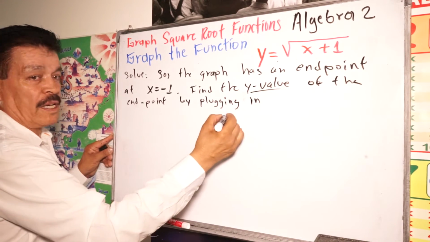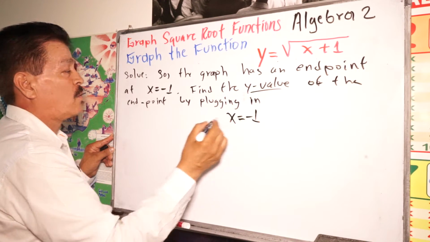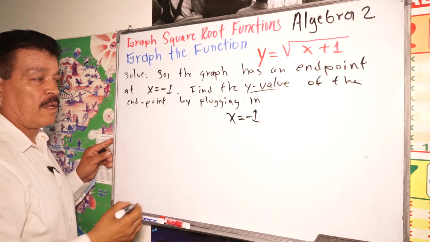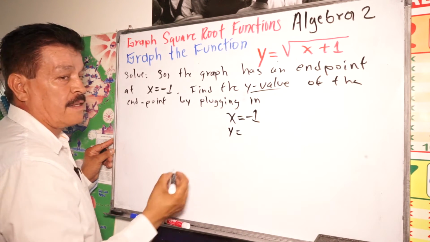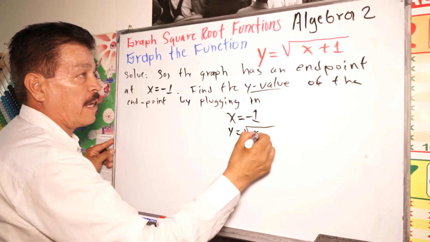We have x equals -1. So next step, y equals square root of x plus 1.